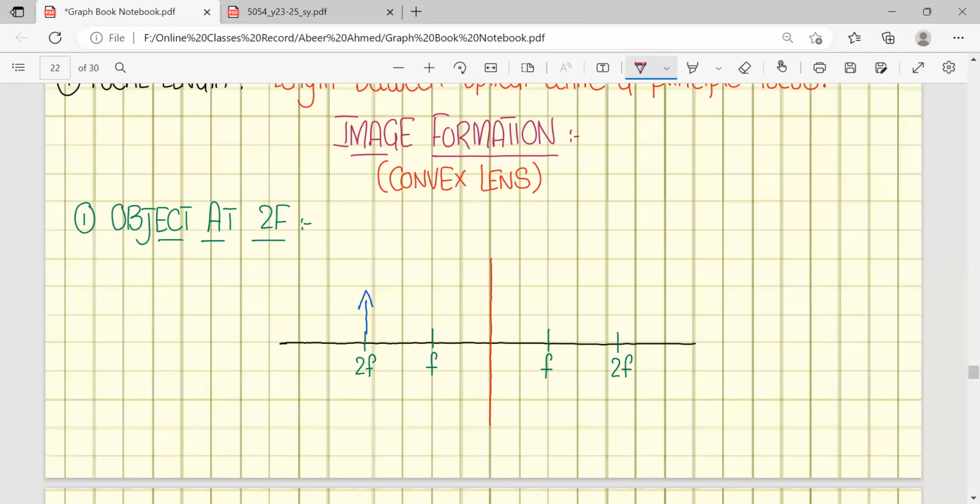So let's suppose a straight light ray is going to pass through this lens, and let's suppose light is moving at some angle or passing through the optical center. So there are two types of rays with different angles passing from the object, right? And after striking the object, when the light ray passes through the lens, the image formation is always such that when the object is placed at 2f, the image is also formed at 2f, right?